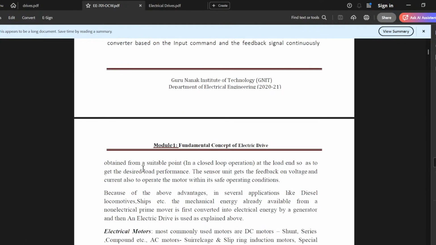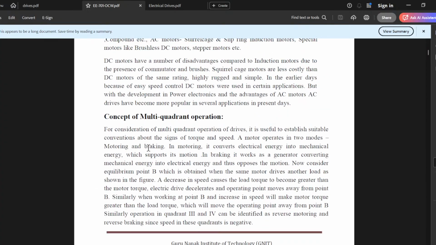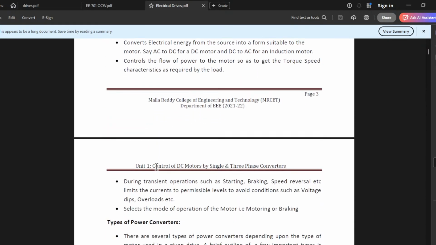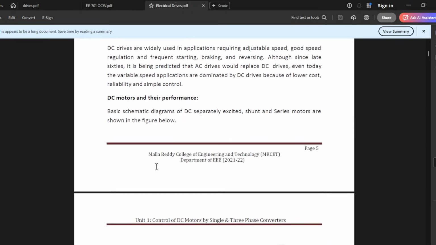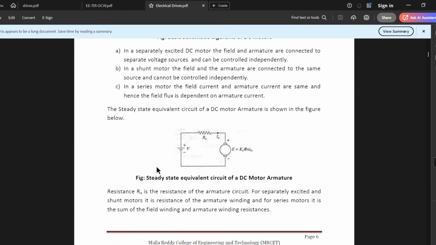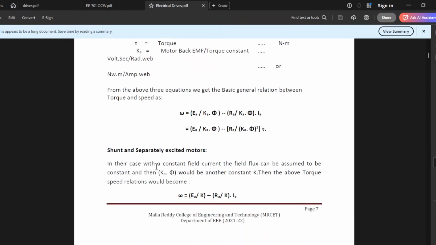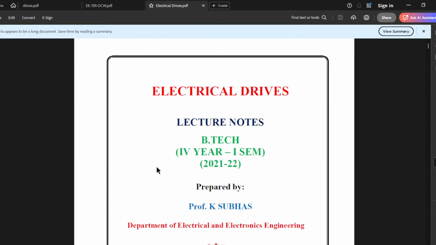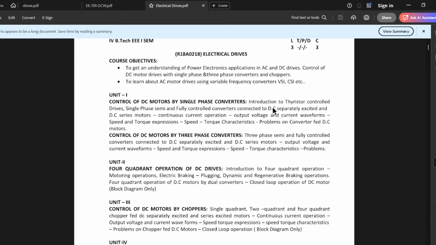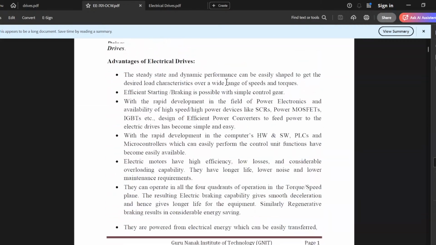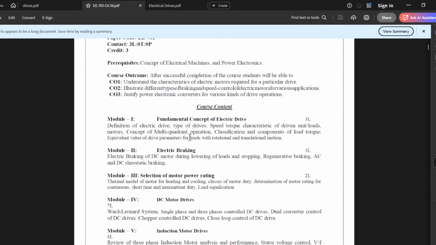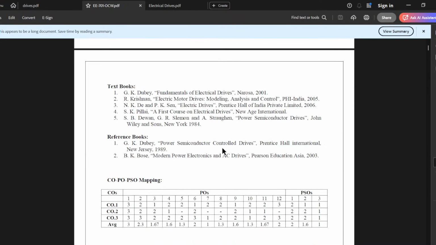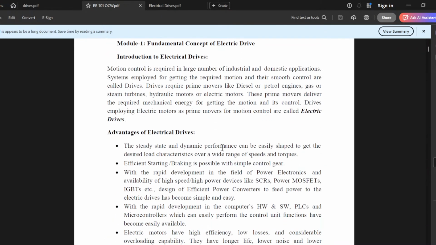Multi-quadrant operation, and here we have something in it. No, we don't have it. So this one is better. Thermistor, DC motor control, and here we have speed torque characteristic. Okay, we will focus on this one only.